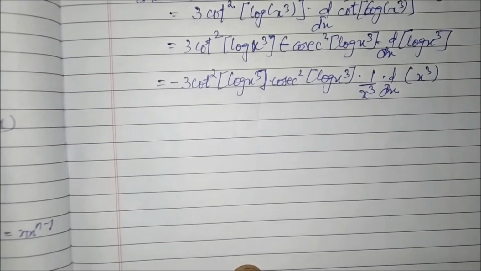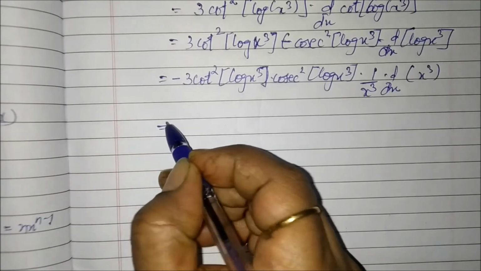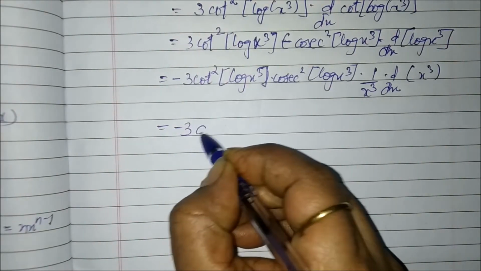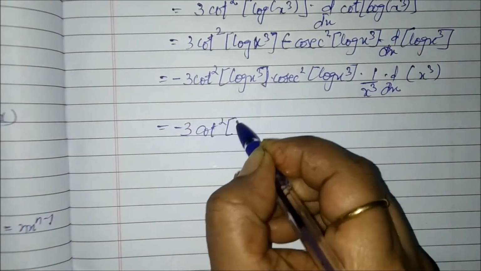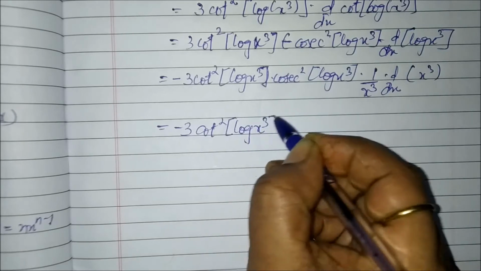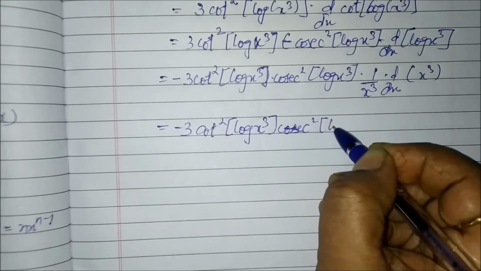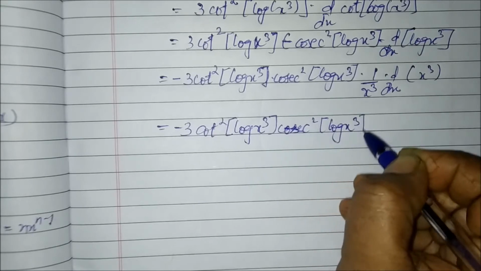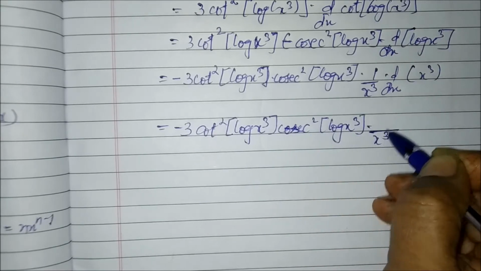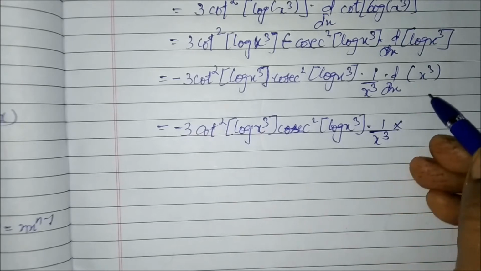Now we write here minus 3 cot square log of x cube into cosec square log of x cube into 1 by x cube into the derivative of x cube.